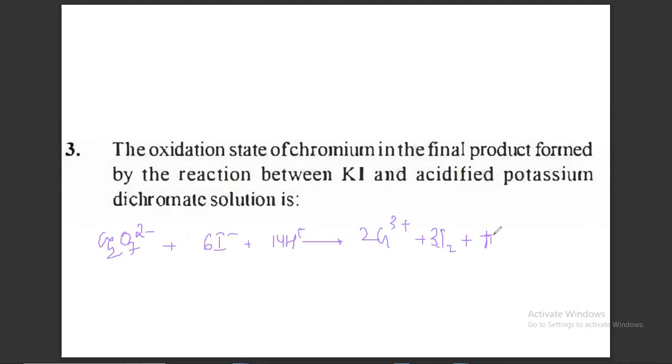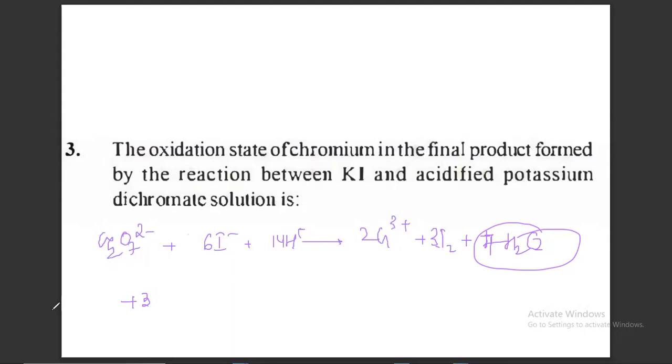To balance this, let us write here 7 water molecules. So what is the change in the oxidation state of chromium? From plus 6, it changes to plus 3. So the oxidation state of plus 3 is the answer for this question number 3.